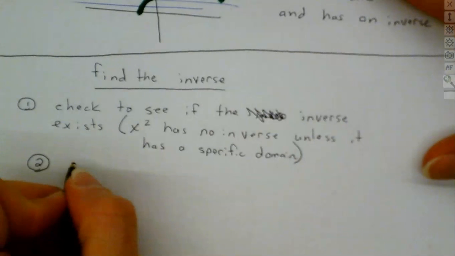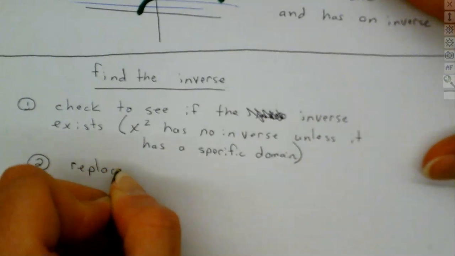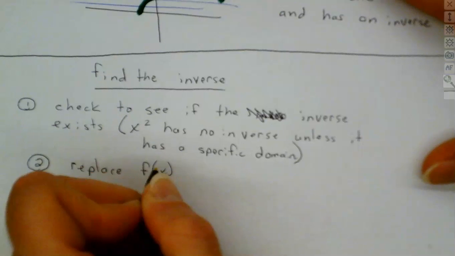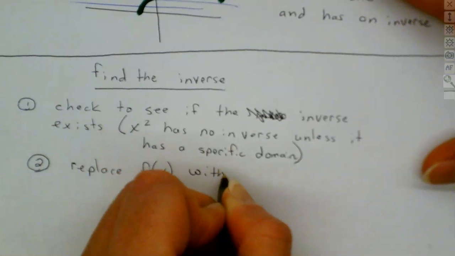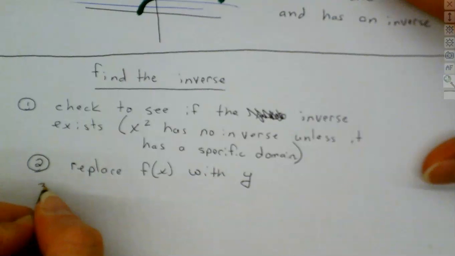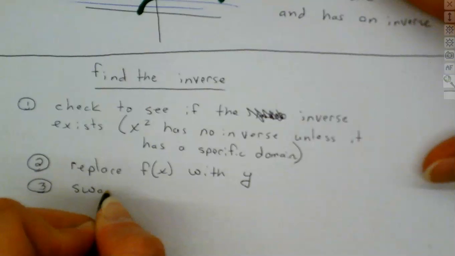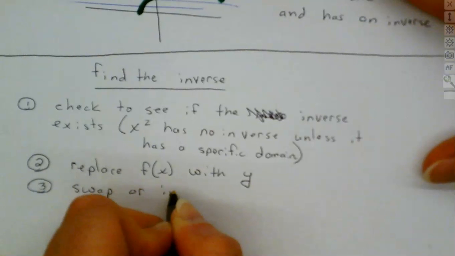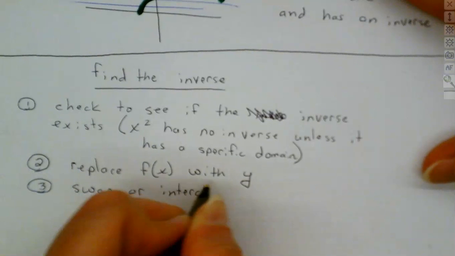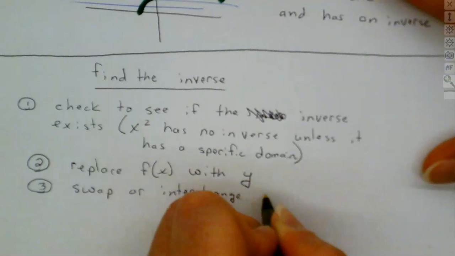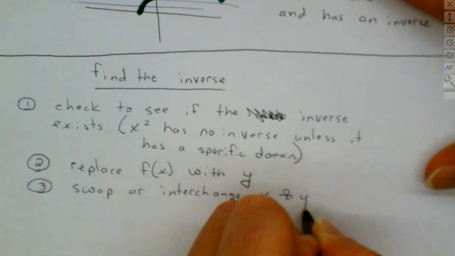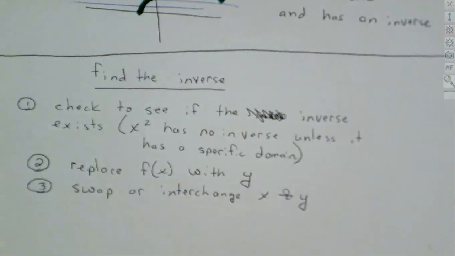Now, if it has an inverse, here's how we find it. Step number 2, you replace f of x with y. Step number 3, you swap or interchange x and y. So you flip them around, you swap them out.